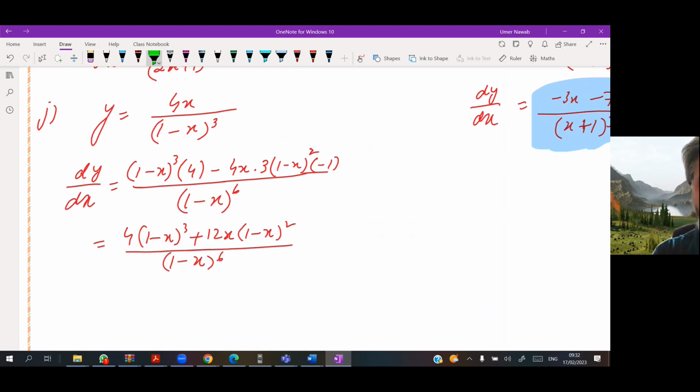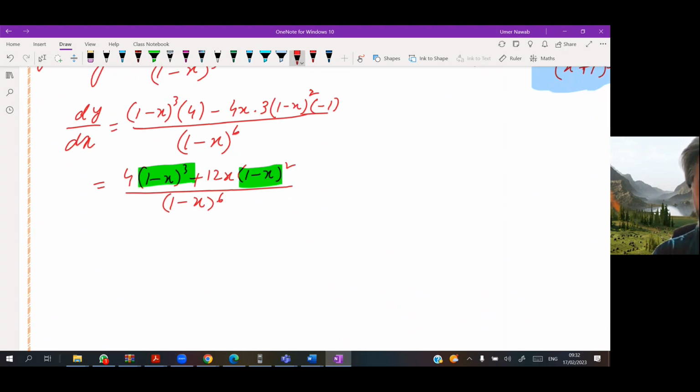Can I take common? If I take common 1 minus x whole squared, what is left inside? 4 plus 4 times 1 minus x. I think it's better to take 4 outside.